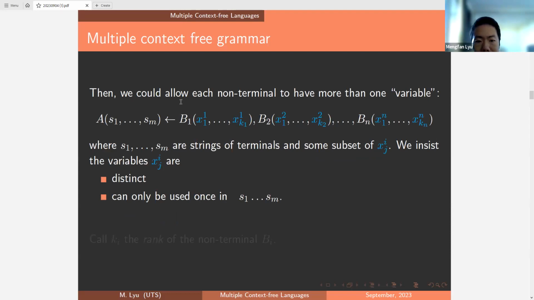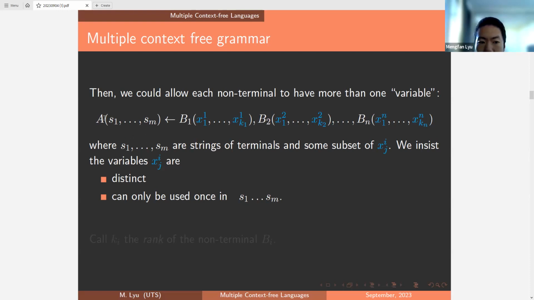Let's show this. If there are more than one variable, then A can be written in this way, and B. So for example, there are k1 variables for B1 and k2 variables for B2 and kn variables for Bn.